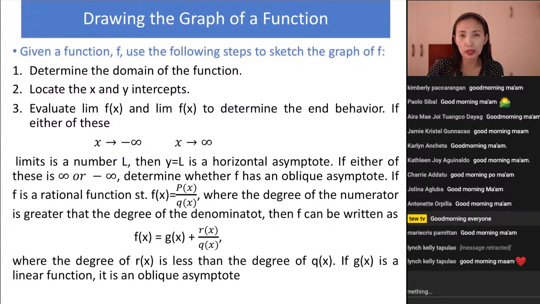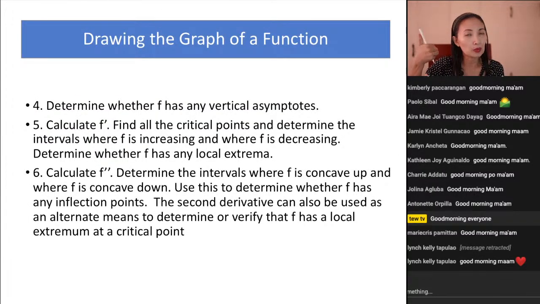Okay, number 4. So, recall number 1, determine the domain. What values of x? Number 2, x and y intercepts. Number 3, the horizontal asymptote. How do we get the horizontal asymptote? Evaluate the limit of the function at infinity.